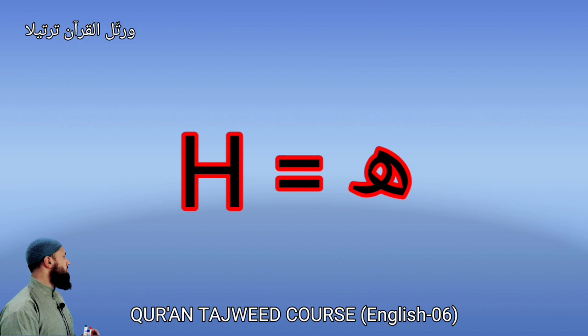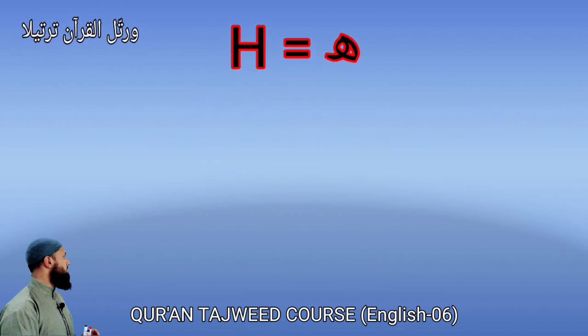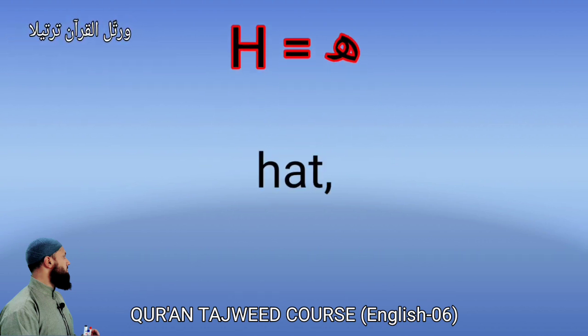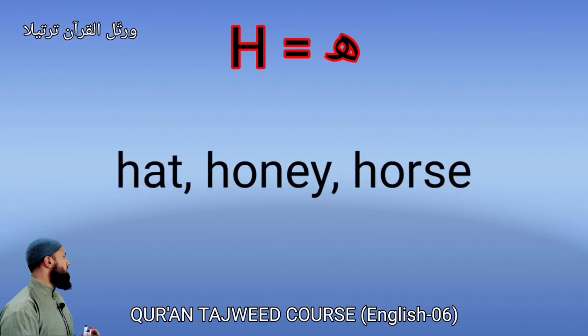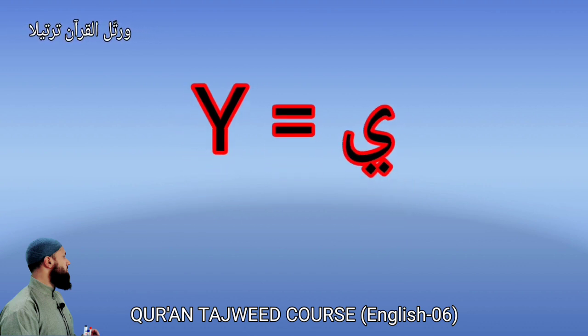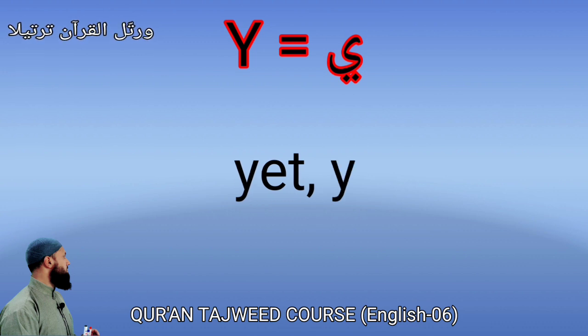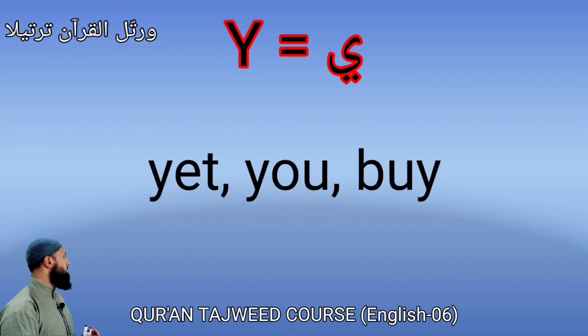Ha corresponds to the letter H in English, and it is articulated exactly the same way as the sound H in these English words: hat, honey, horse. Ya corresponds to the letter Y in English, and it is pronounced like the Y sound in these English words: yet, you, by.